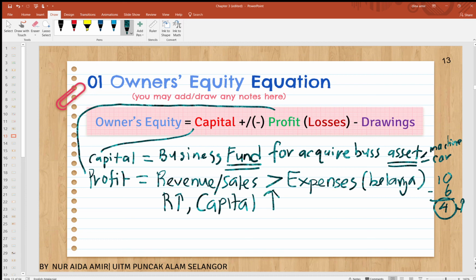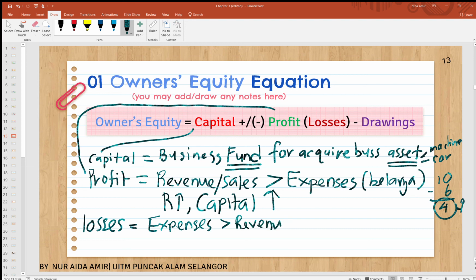Okay, capital pun increase. Second is losses. Losses ni adalah expenses, terbalik dengan revenue lah. Expenses or cost you, which is more than revenue or sales you.